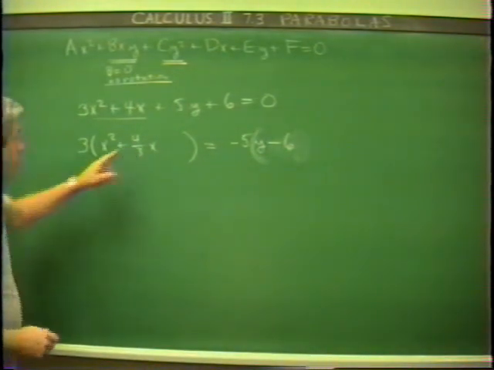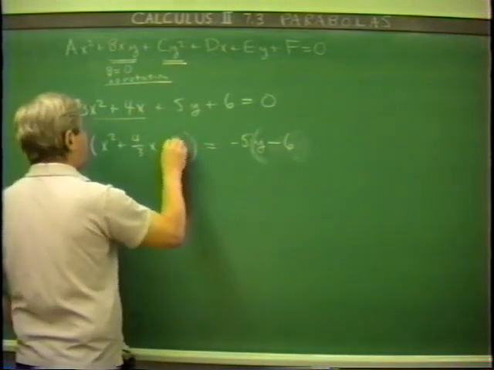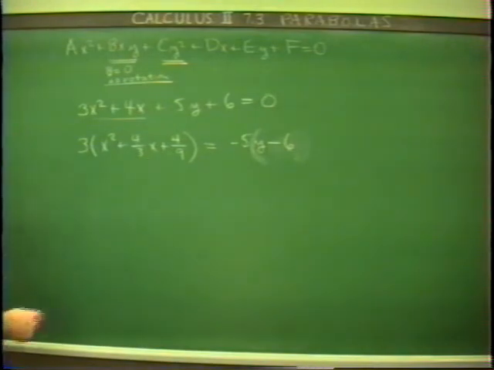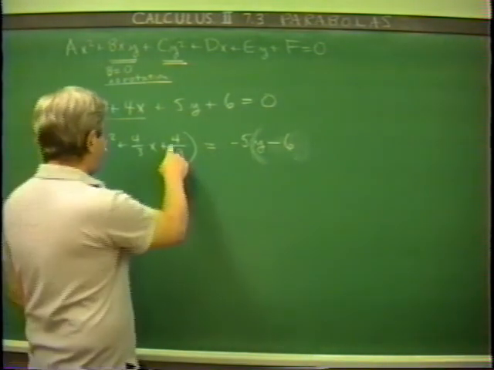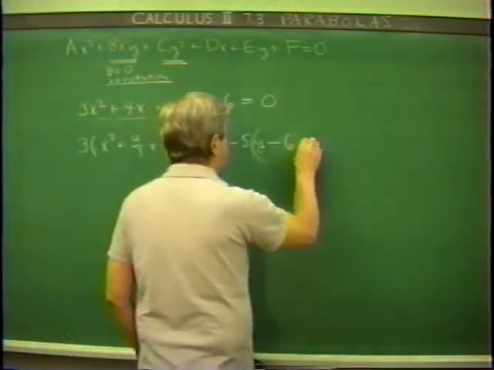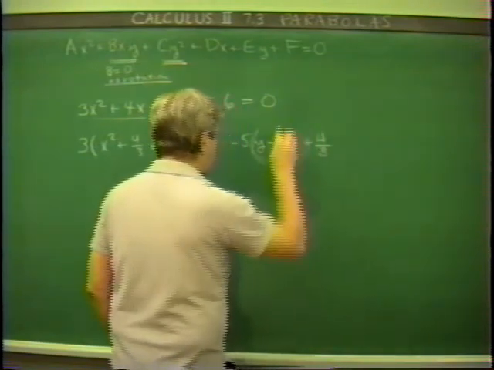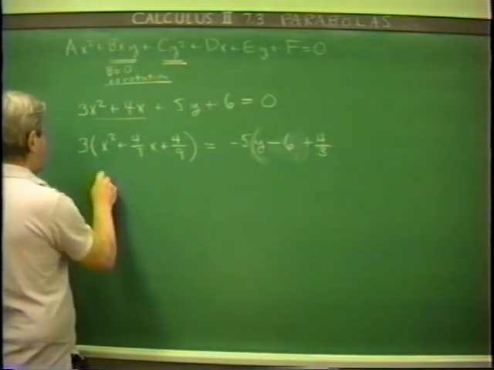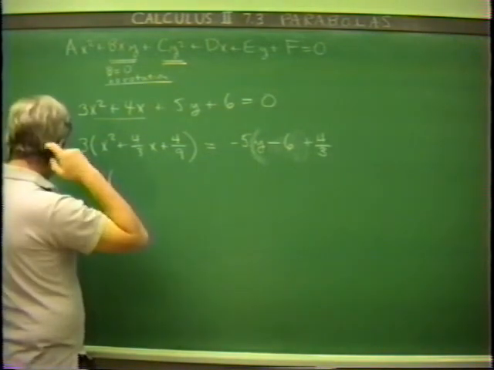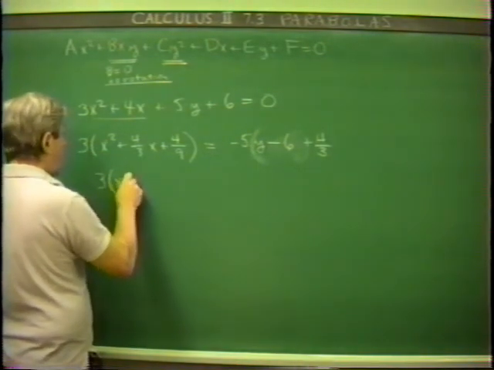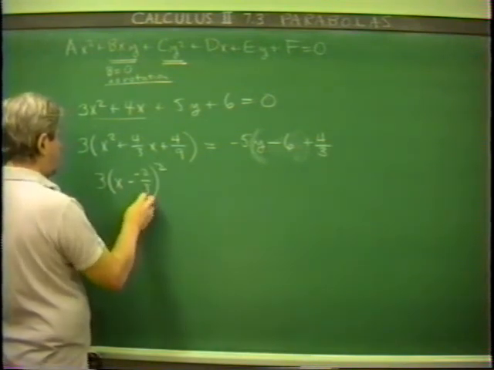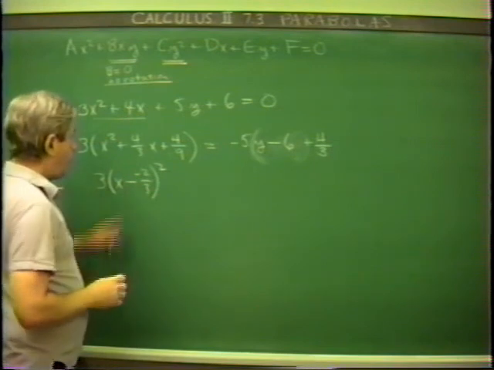To complete the square, we divide 4/3 by 2, so we get 2/3, and square it, we end up with 4/9. Which means I've added 3 times 4/9 to this side of the equation. So I want to add 3 times 4/9, or 4/3, to the other side. Now, this becomes 3 times (x plus 2/3) squared.